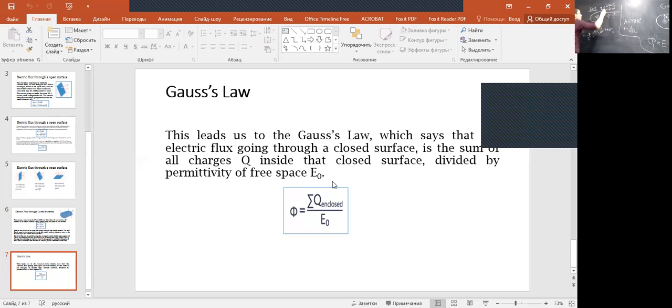Q is equal to 25 nanocoulomb, nano means multiply by 10 to the minus 9, divided by epsilon 0, which is 8.85 multiplied by 10 to the negative 12.